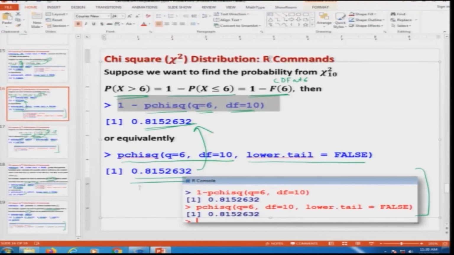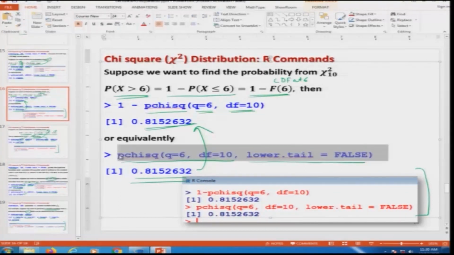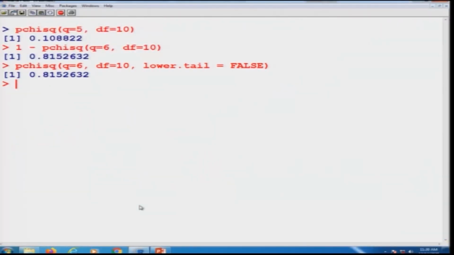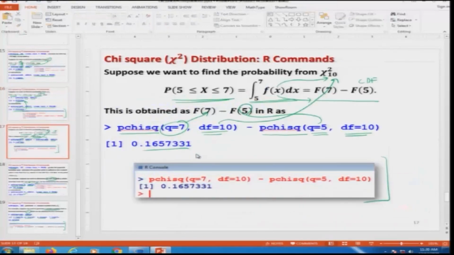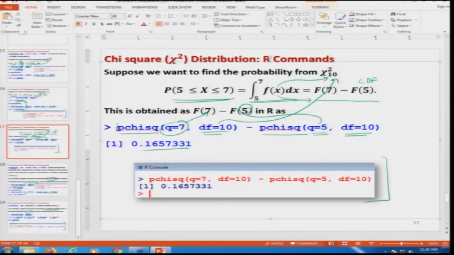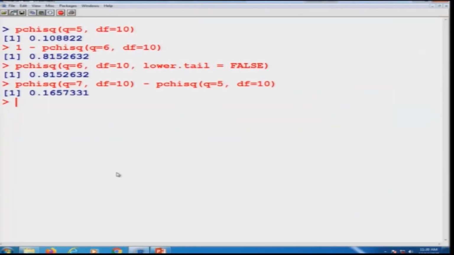And if you use the command lower.tail equal to FALSE, then the same value will be obtained here. You can see this value and this value are the same, right. Similarly, if you want to compute the probability that x is lying between 5 and 7, you can see this is the same probability that you have reported, right.